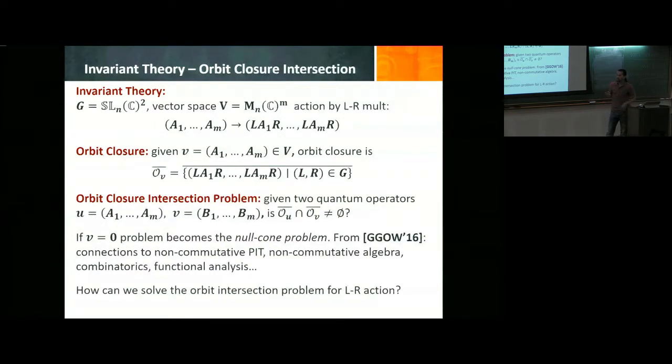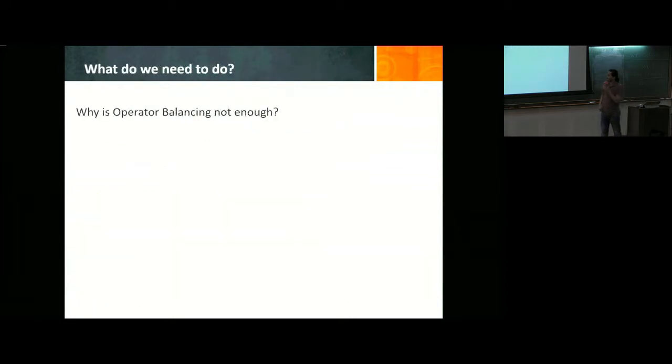How can we solve this orbit intersection problem for the left-right action? So what do we need to do? Well, it turns out that this operator scaling, this operator balancing algorithm that we had, is not enough. Why not enough? Well, it was enough for the null cone problem, because the operator balancing works since, if my orbit doesn't have 0, then it's really far from 0.